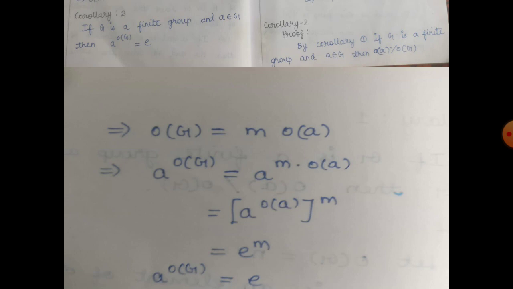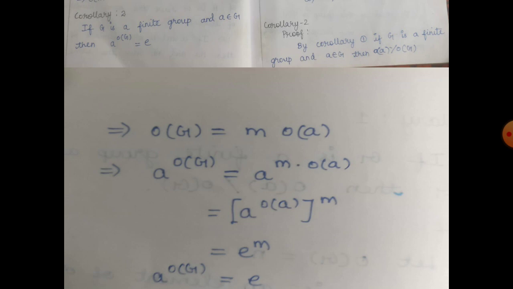Suppose the order of a is equal to 2 and the order of G is equal to 8, then 2 divides 8, so we can write 8 is equal to 4 times 2. That 4 we are considering as m. So the order of G is equal to m into the order of a.